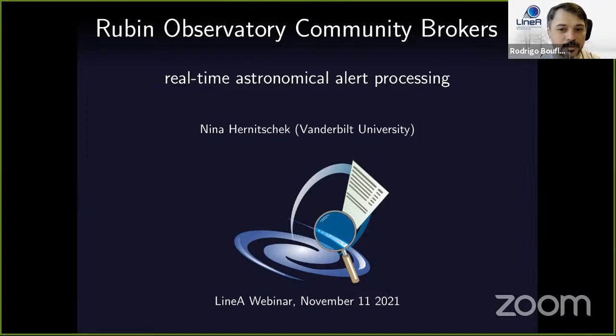She's been working with computationally efficient machine learning solutions, data stream processing, and real-time data processing, to name a few. She also studies the dynamical history of our Milky Way. Today, she has joined us to talk about the LSST Community Brokers, especially an overview about the point of interest broker developed by a team at Vanderbilt University.